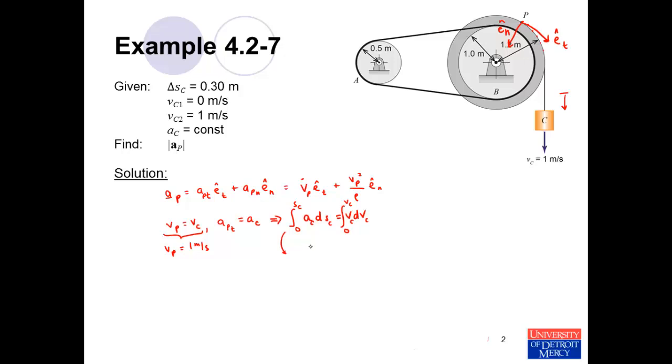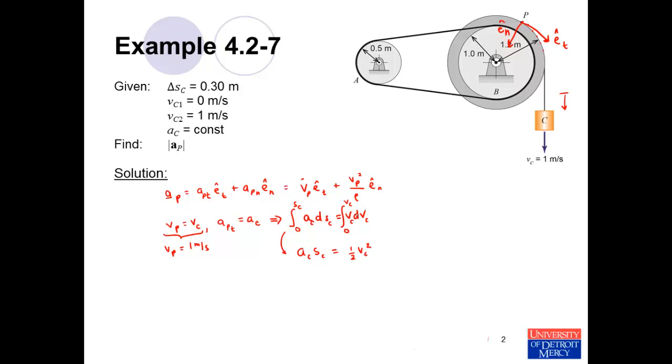Since AC is constant, its antiderivative is just AC times S_C. We evaluate it at the upper, subtract the lower, which is 0. On the right-hand side, the antiderivative of that is 1/2 VC squared.